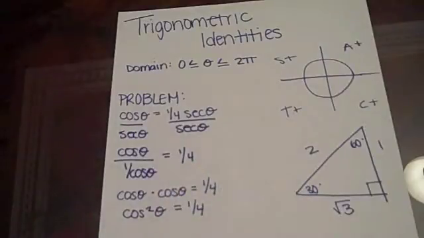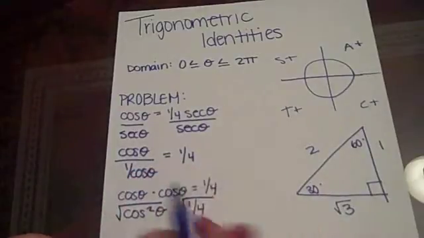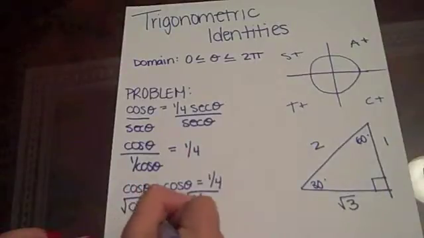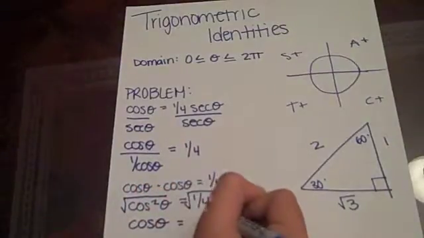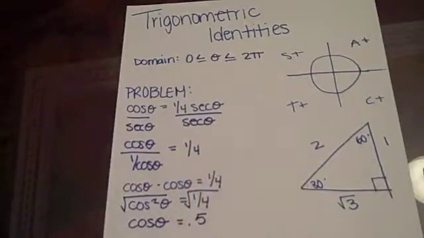In order to get rid of this squared, we must square root each side. The square root of cos squared theta is cos theta, and the square root of 1 over 4 is actually 0.5. Now we must find an angle whose cosine gives us 0.5, which is also equal to 1 over 2.